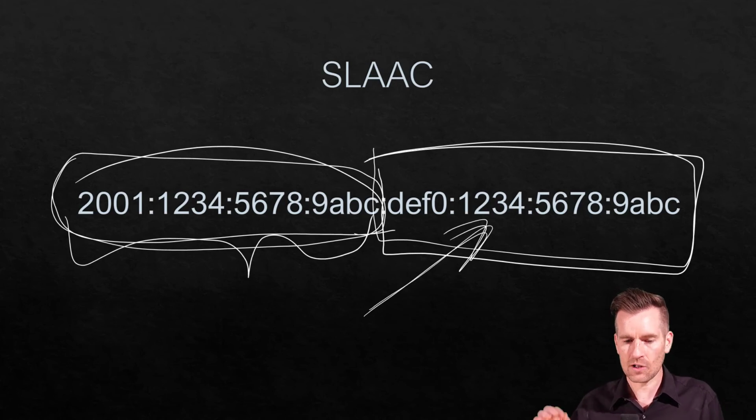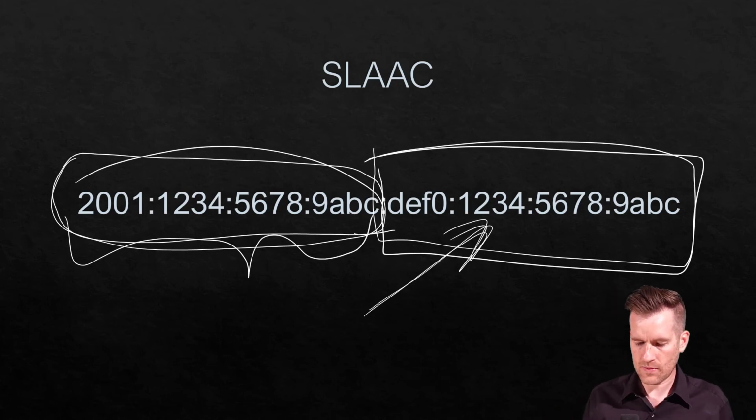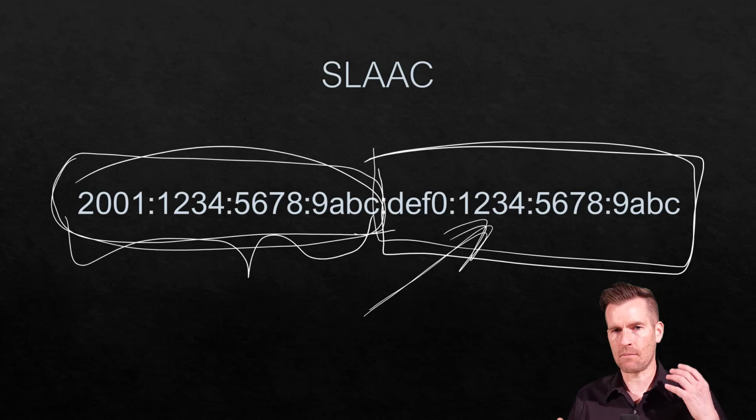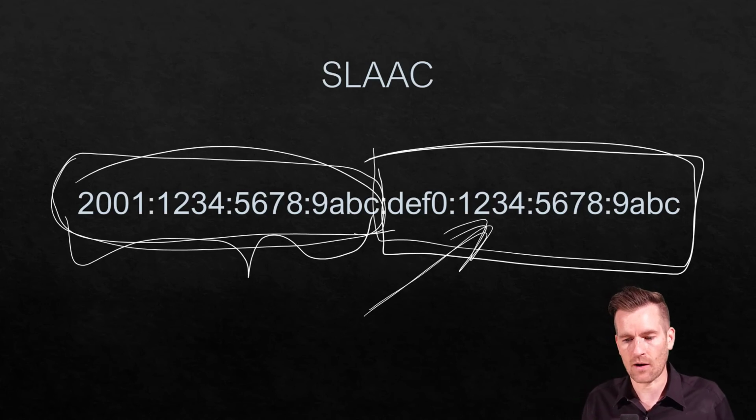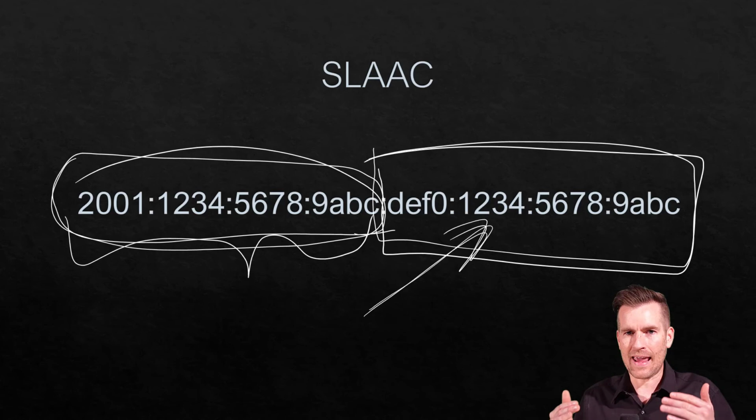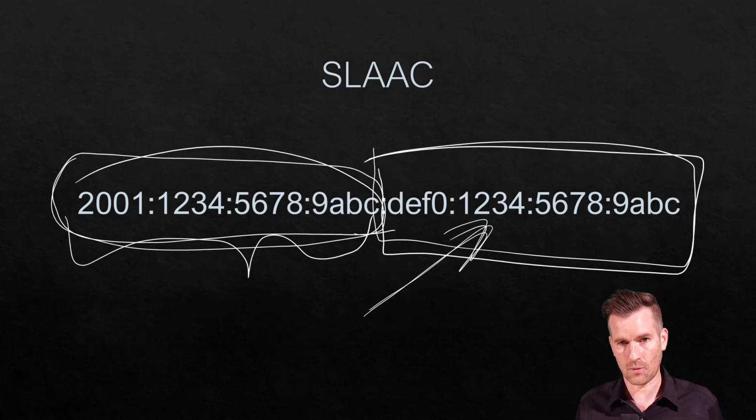It's unique to the world. And so that is how SLAAC works. We're going to get much more in depth into how it functions, but generally speaking, that's how SLAAC works, and the machine is able to generate an IP address that's specific to that machine, that's unique and doesn't overlap with any other machine out there in the world.